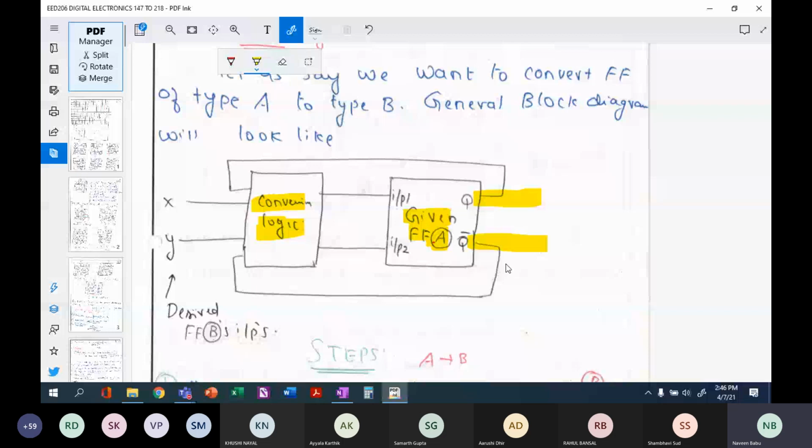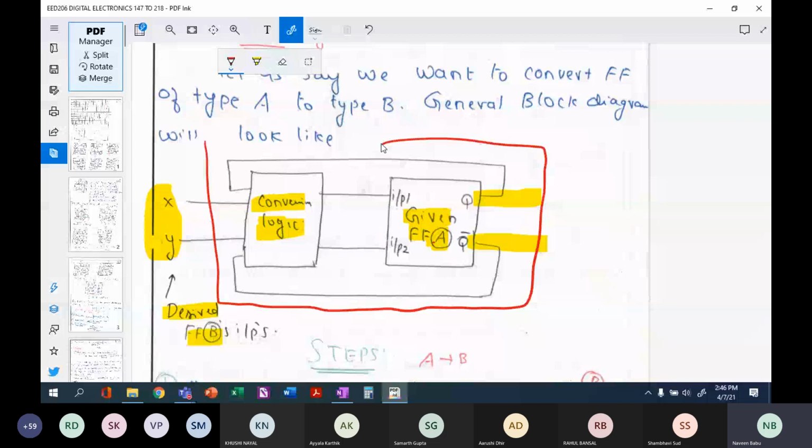Now, look at the complete block diagram like this. If I want to convert an SR flip-flop to a JK flip-flop, which means that the given flip-flop is an SR flip-flop, its inputs are going to be S and R, and its outputs are going to be Q and Q bar. Now, there will be a conversion logic to do that.